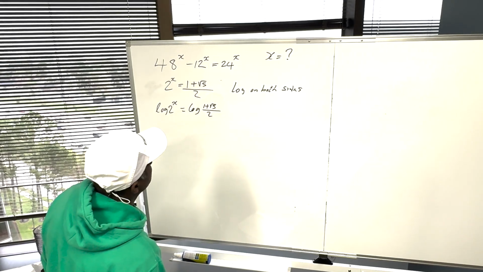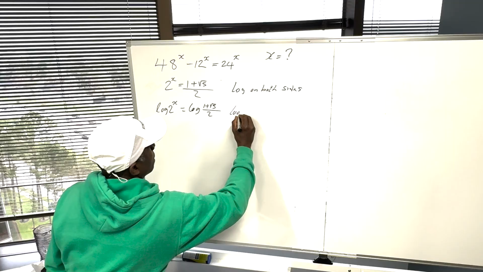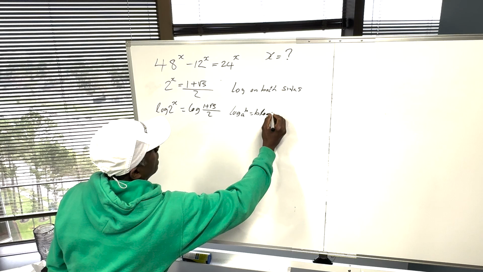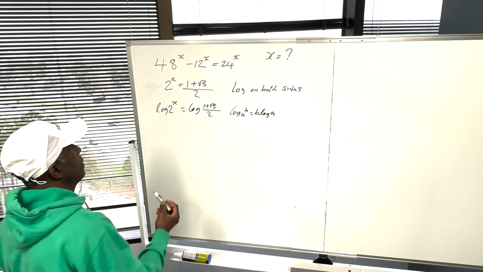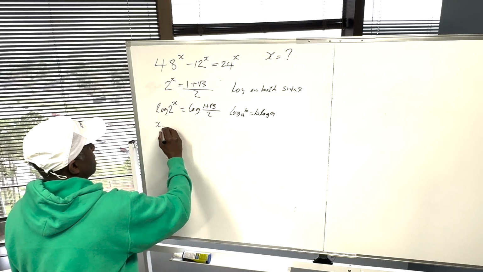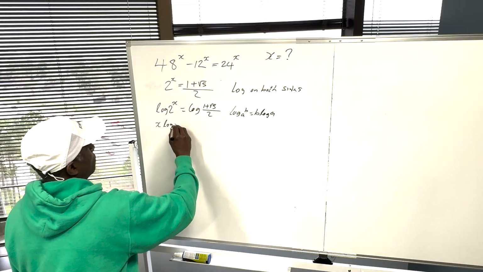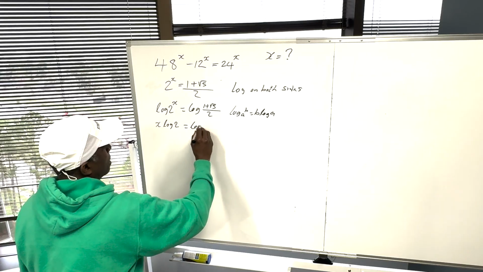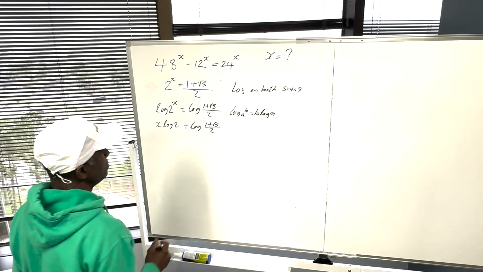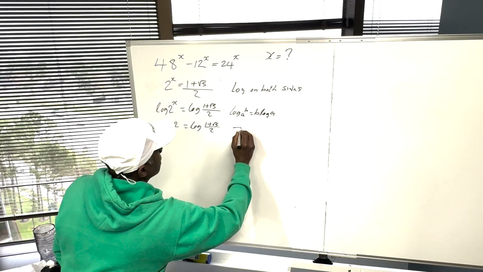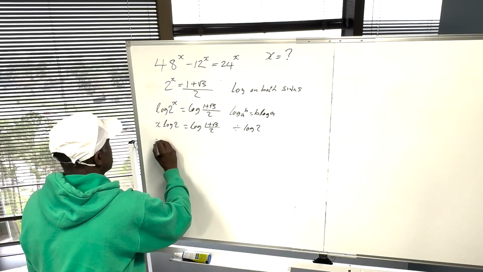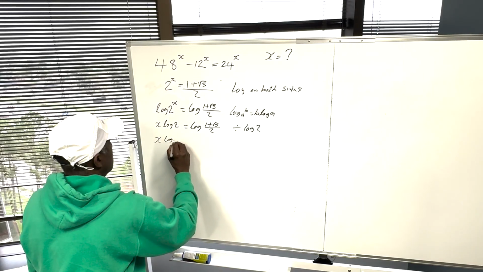From the law of logarithms, we know that log a to the b is equal to b log a. So a is 2, b is x, so we say x log of 2 is equal to log of 1 plus square root of 5 over 2. Now let's divide both sides by log of 2.